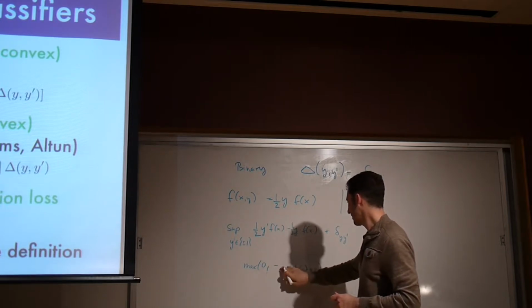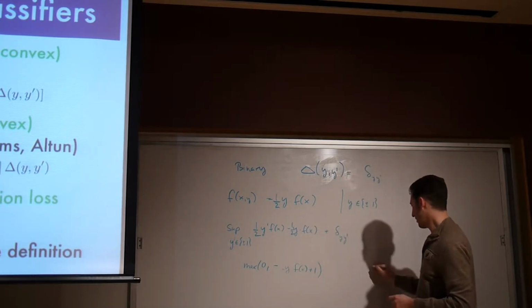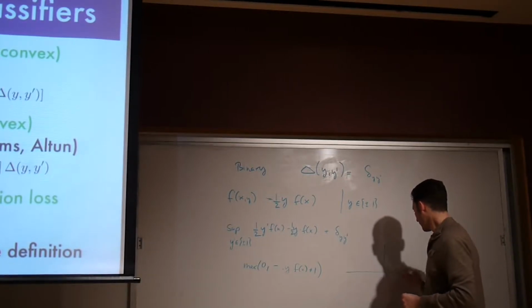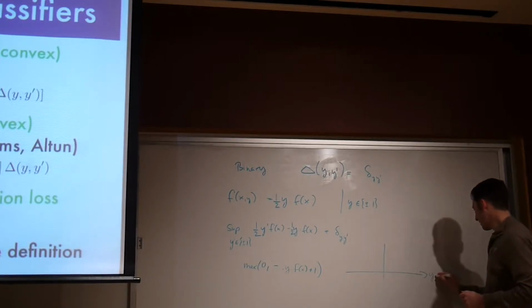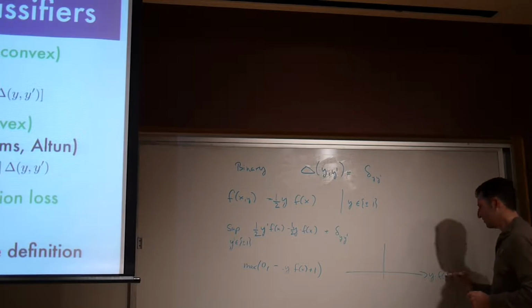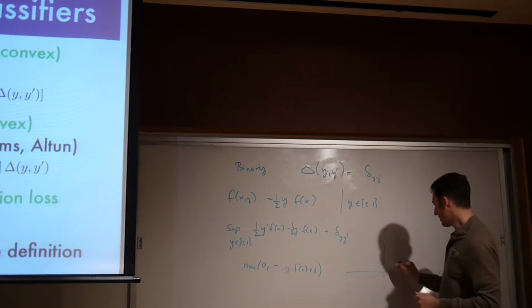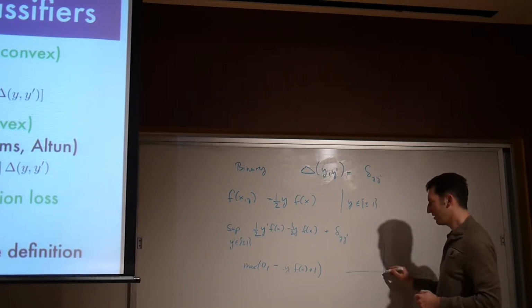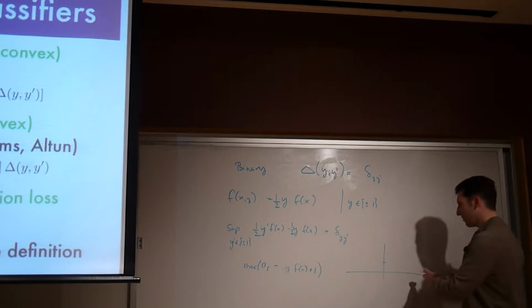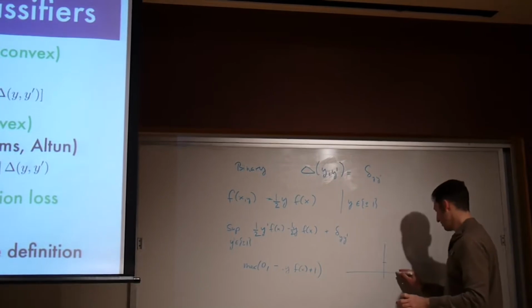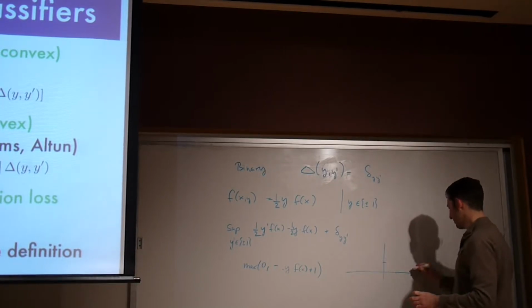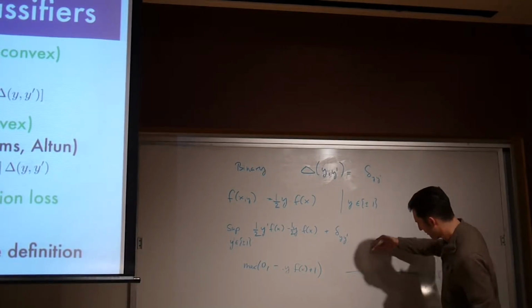We have this here. And so the function, let's plot y times f of x. At 0 it takes on the value 1. If y times f of x is 1, then we have minus 1 plus 1 is 0. Everywhere here it's 0. And this is basically this function.